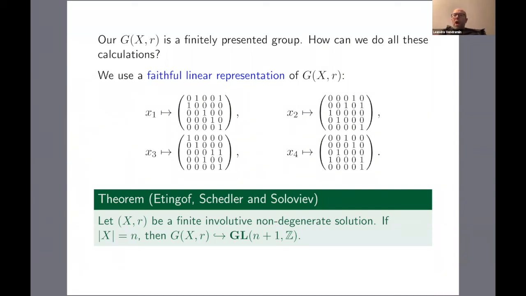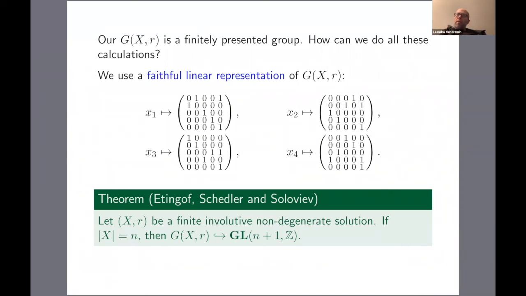So if you have a finite involutive non-degenerate solution of size n, then the structure group of the solution can be embedded. You have an injective group homomorphism into integer matrices of size n plus 1, right? And this is the explicit faithful representation for the solution considered by Jespers and Okniński, right?